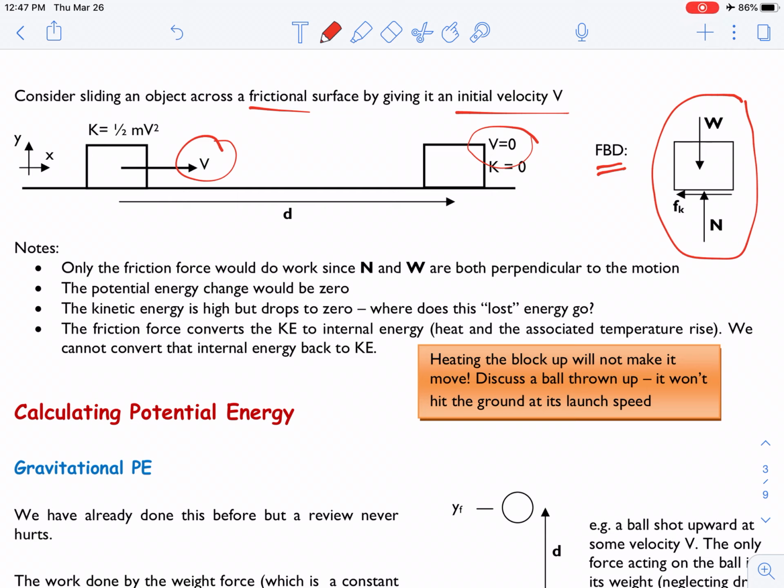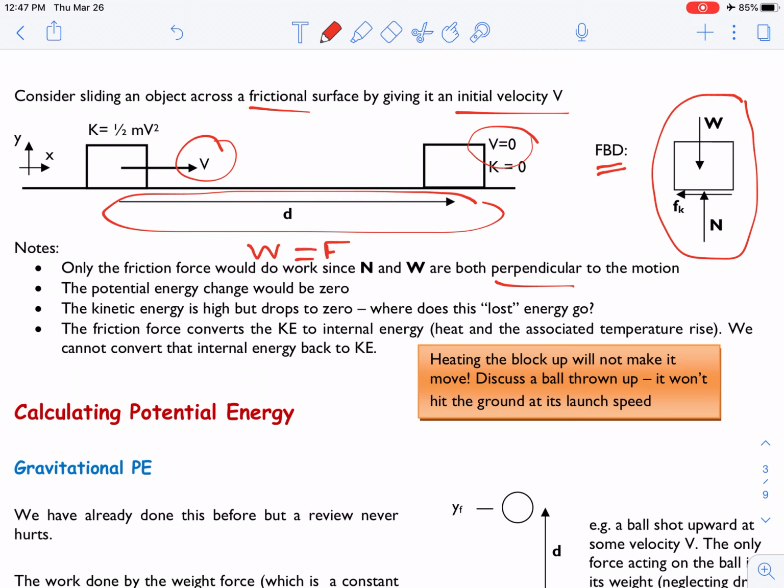Now let's think about the energy and the pieces in the energy conservation. Since we have a free body diagram, if you think about the work done, since the displacement is to the right, as you can see with this vector, and the weight force and the normal force are perpendicular to the displacement, that would affect the cosine function in the work definition, right?